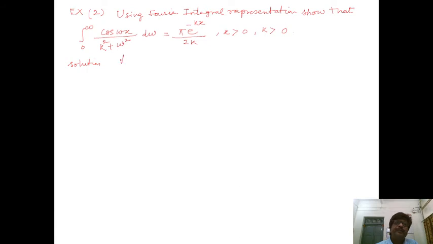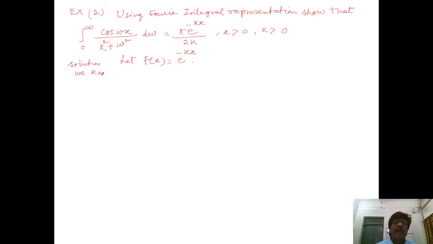Let f of x be equal to e to the power minus kx. Both k and x must be necessarily positive, because if any one of them is negative, the exponent would be positive, negative into negative.